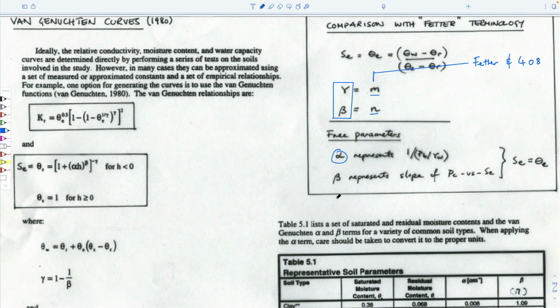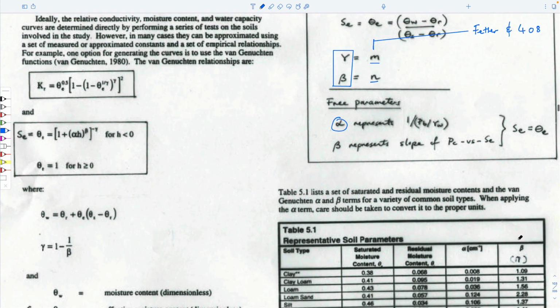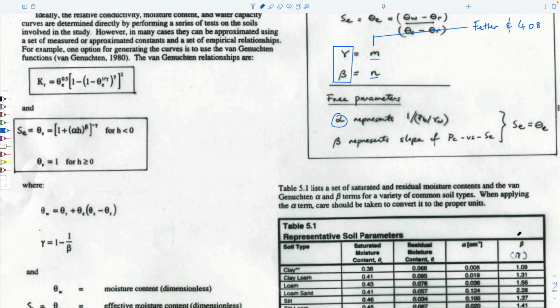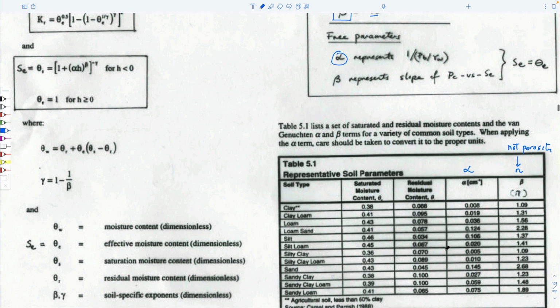And so in this particular table, I guess beta is equal to what we've called before our value of n, not porosity. And this is our value of alpha in units of 1/length, centimeters to the -1.